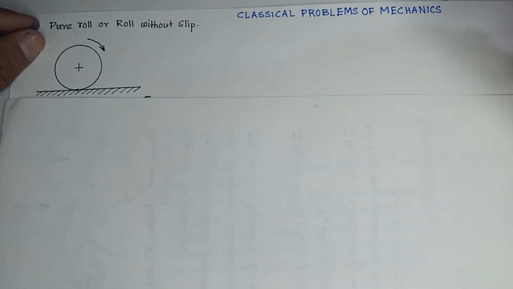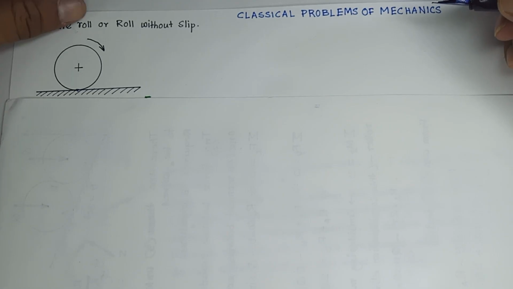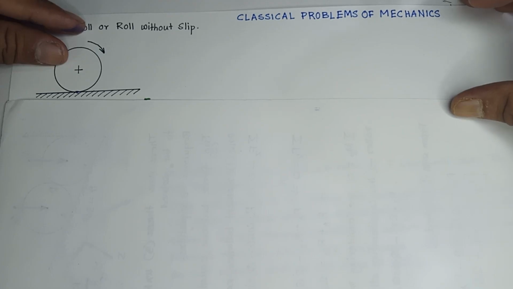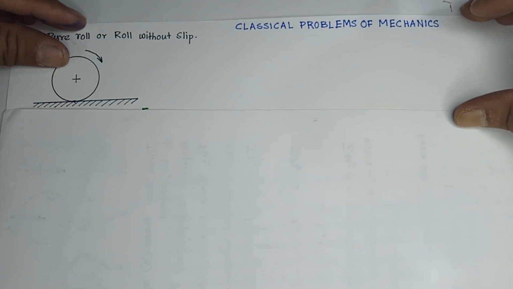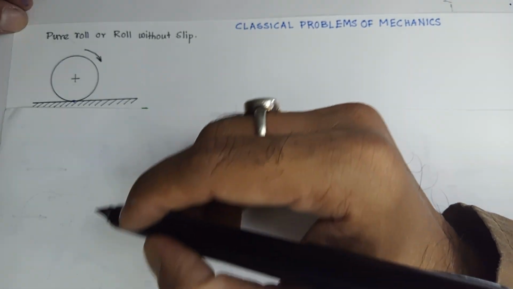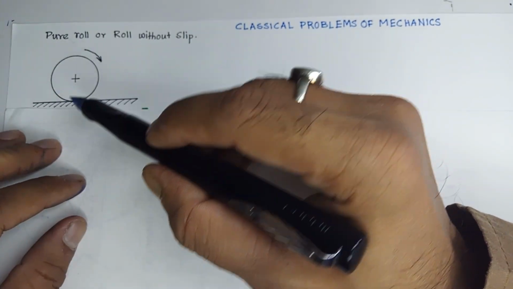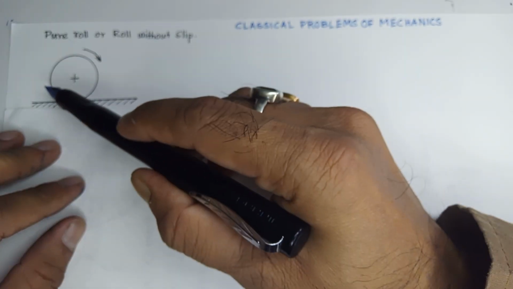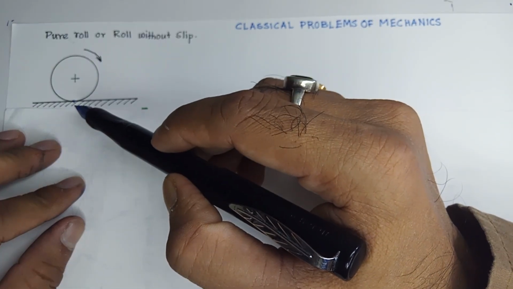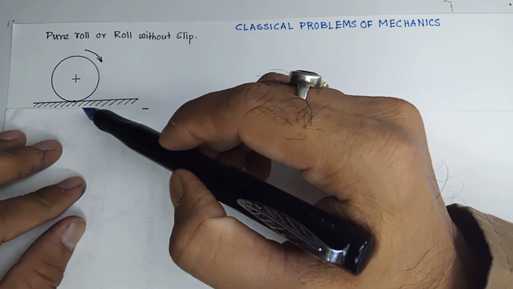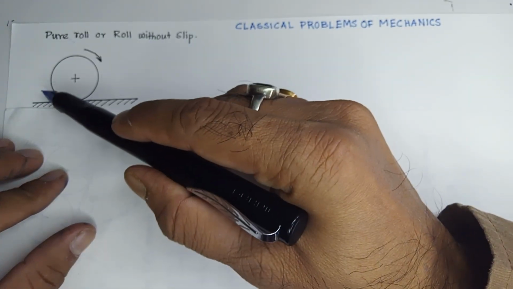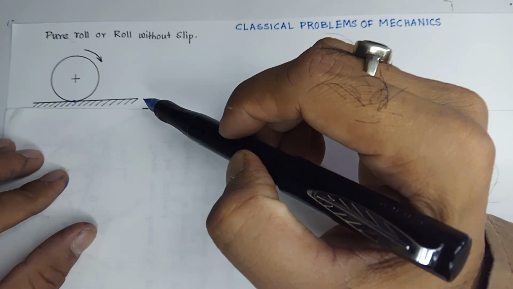Good evening, dear students. In this class, we will try to solve one classical problem in engineering mechanics. The problem is that there is a wheel or some roller or a disc, that means basically a circular object, which is placed on a horizontal plane, and it can roll over this plane or surface.